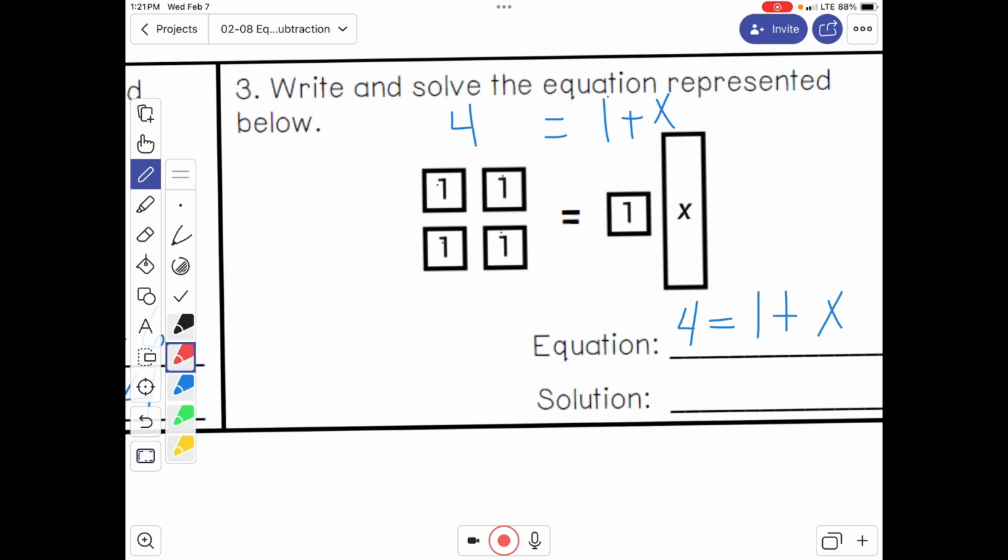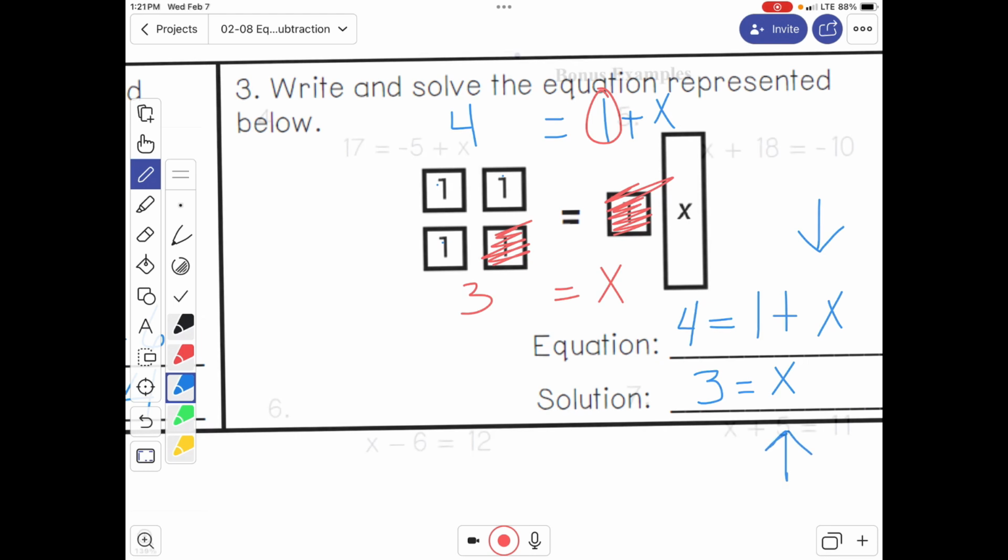Probably know that in your head. But what if we take this 1 away from both sides, then it says 3 is equal to x. And when you're writing this solution, the variable needs to stay on the side where it started. So if it starts on the right side, it still needs to be on the right side when you're finished.